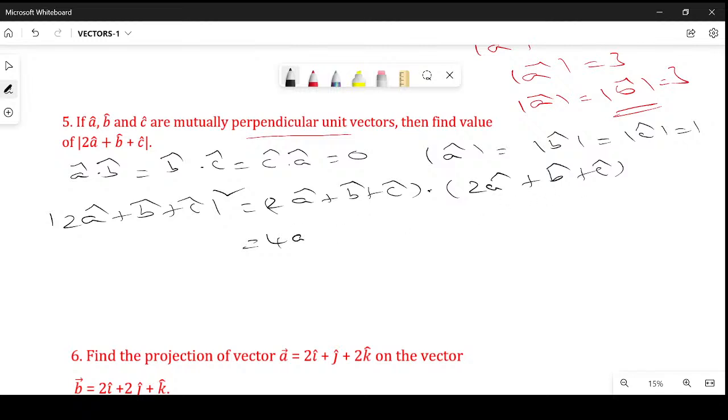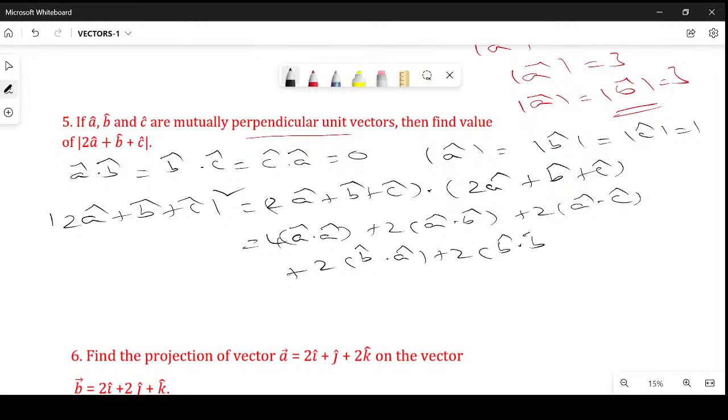Plus you will get 2 into a cap dot b cap plus 2 into a cap dot c cap. Now multiply with b cap: 2 into b cap dot a cap plus b cap dot b cap. We should be careful here, you won't get 2 for b cap dot b cap.